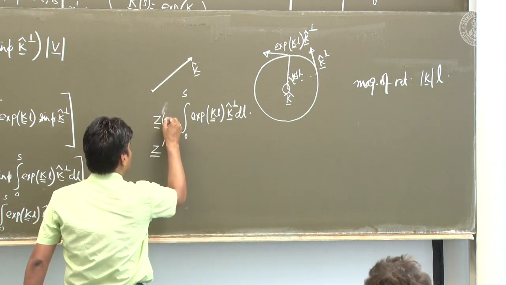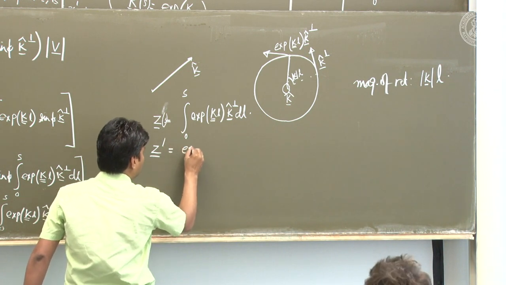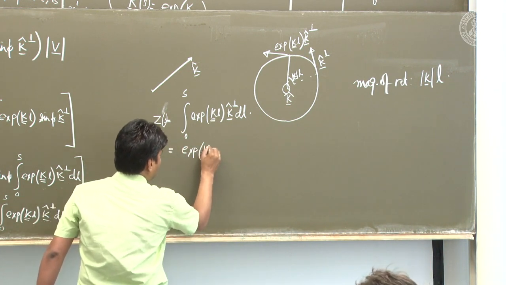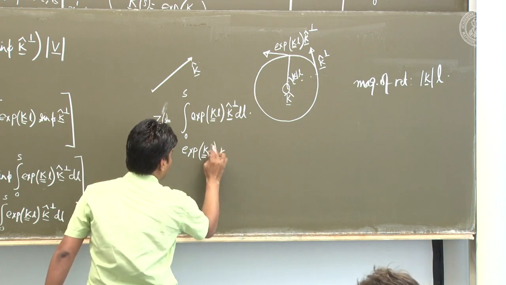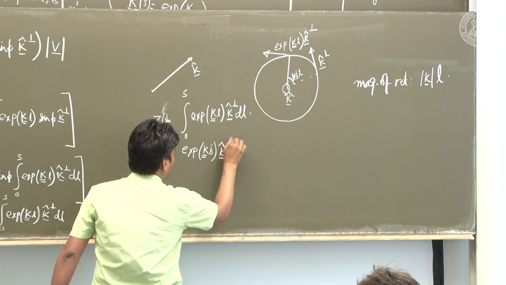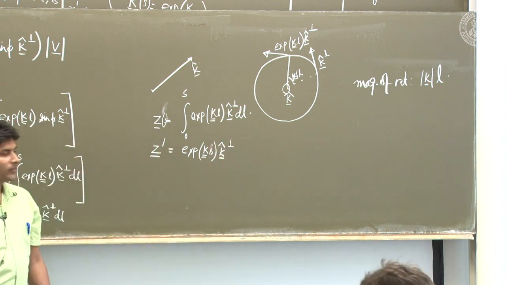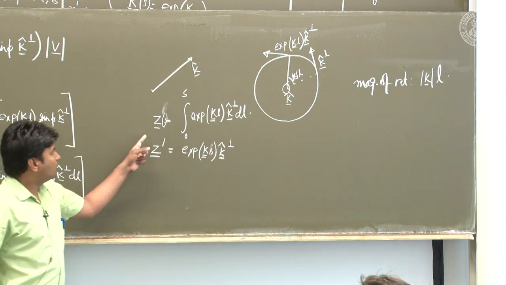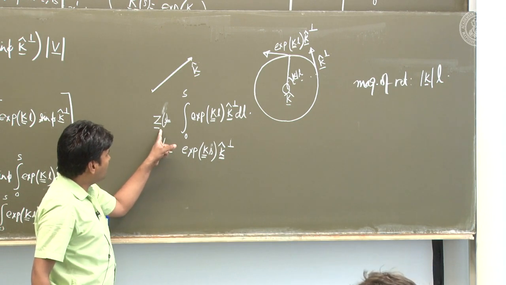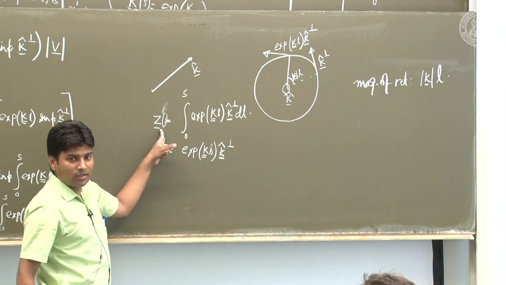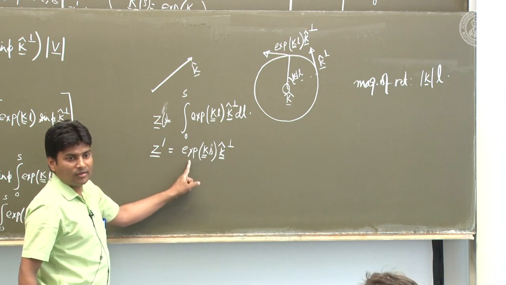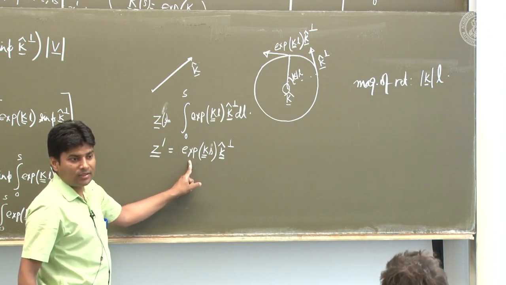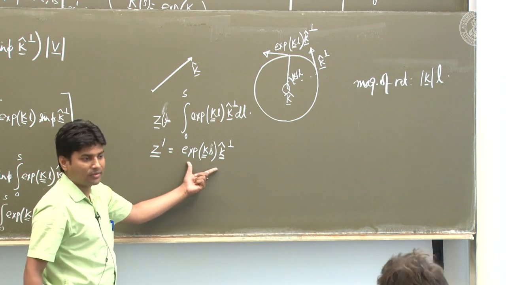So this is z of s. Z prime is simply exponential of kl into ks into k hat perp. So this is going to give you a curve z such that its tangent is this, right? The tangent to the curve is this.